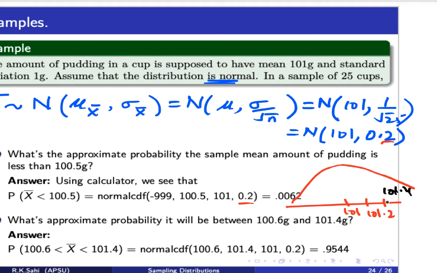This one I'm talking about. Now let's go the other way. One down is 0.2, this is 100.8, and the next one is 100.6.